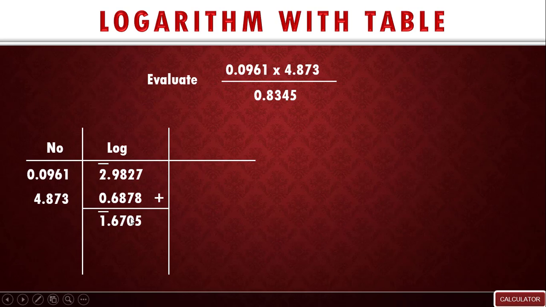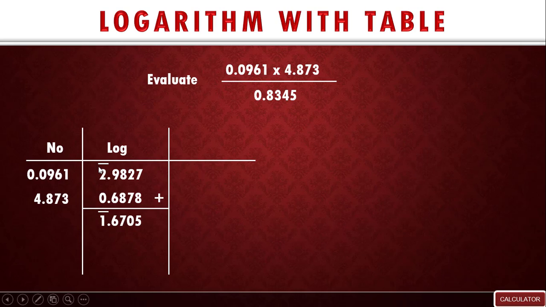We write down 0 and carry 1. 1 plus 8 gives us 9. 9 plus 8 gives us 17. So we write down 7 and carry the 1. 1 plus 9 gives us 10. 10 plus 6 gives us 16. So we write down 6 and carry the 1 to the next stage. So we have 1 plus 0, and that's 1.